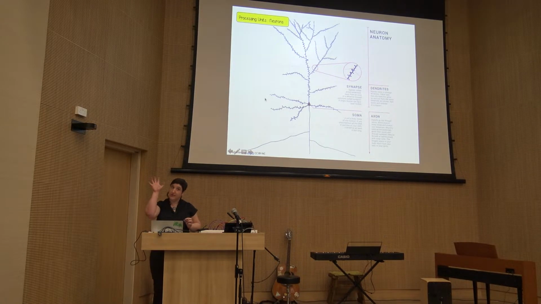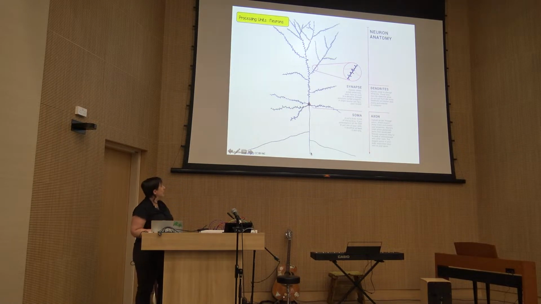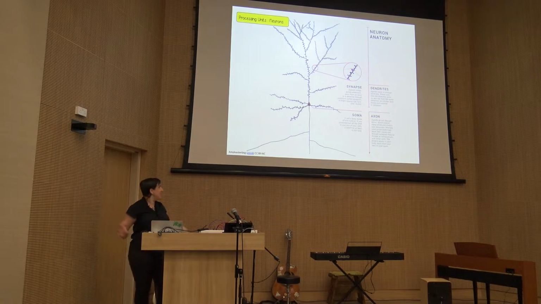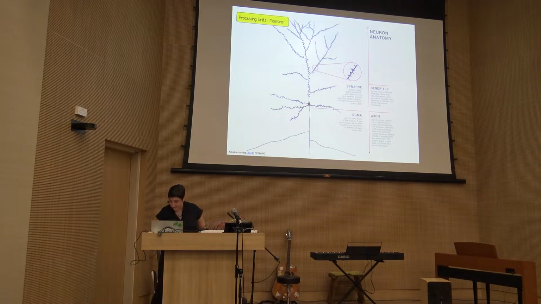So those little incoming branches where it can detect the activation from other cells. What you can see at the bottom is the beginning of the axon. And at this scale, that axon would probably be somewhere between 30 meters in length to several kilometers in length. So the axons really do travel a very long way within the brain.